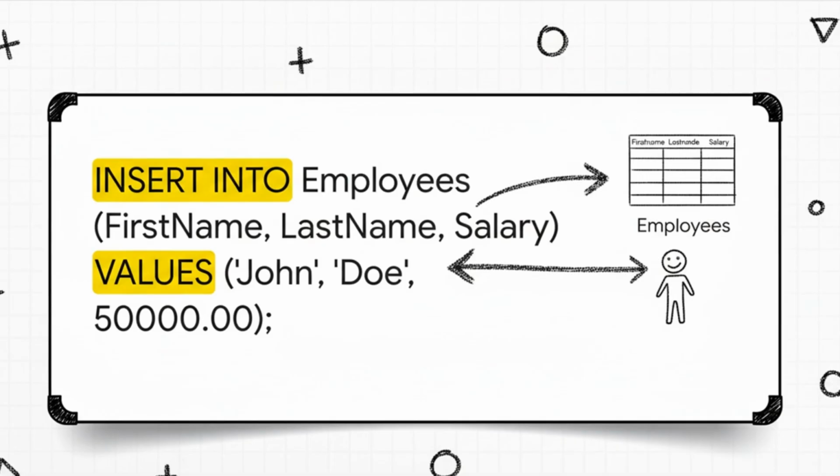So what does this look like in the real world? Let's check out the code. First, we tell it what to do and where. Insert into our employees table. Simple enough. Then we get specific about the columns we're filling in. In this case, first name, last name, and salary. And finally, we use the keyword values to provide the actual data for our new employee, John Doe.